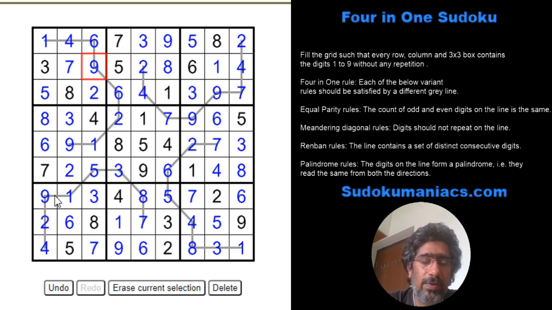And the best way is to use elimination to identify that, just like we did to identify the first line. And always remember the difference between Renban and the meandering diagonal. On Renban, only the digit 1 or 9 could have been missing, at least in this example, whereas for the other one, even a central digit can be missing.